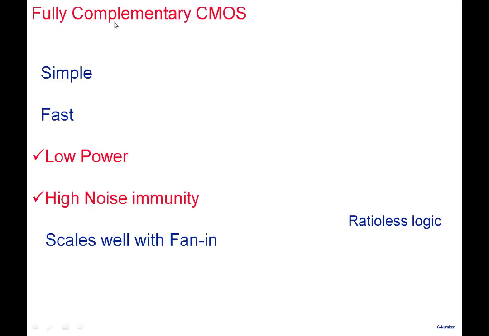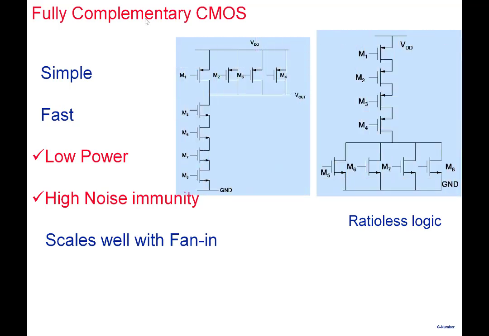All right, so with that in mind, let's look at fully complementary CMOS that we've been seeing. Here is a 4-input NAND gate and a 4-input NOR gate. The strengths of this particular logic are highlighted in red. Low power: there's no static power dissipation.